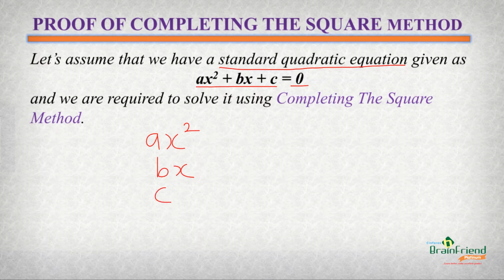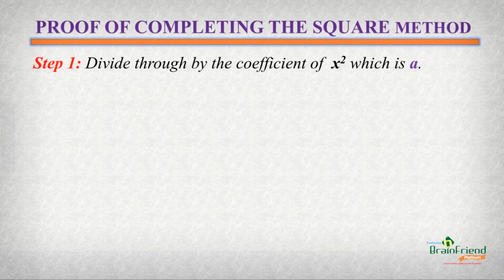To start our proof, step 1 states that we should divide through by the coefficient of x squared, which in our case is a. Our original equation is ax squared plus bx plus c is equal to 0. And the first step says we should divide through by a.